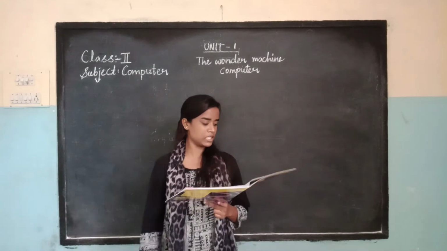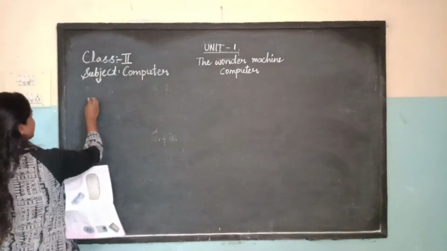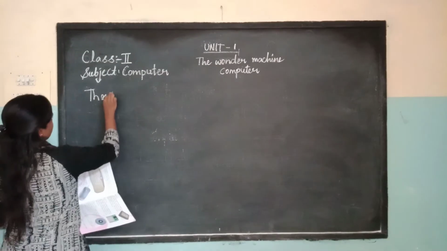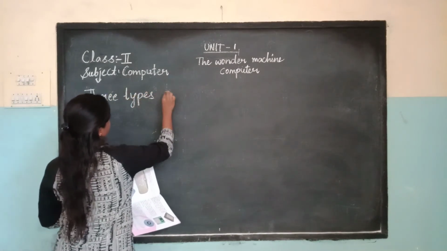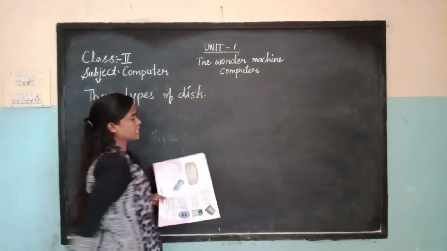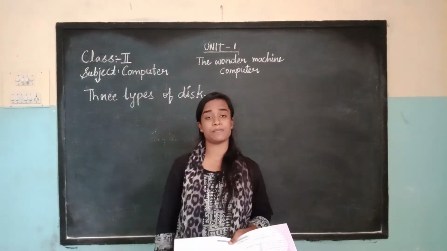Now next we are talking about disk. Our topic is disk. There are 3 types of disk. How many types? Three types of disk. What are they? In first class also you have learned how many types of disk there are.